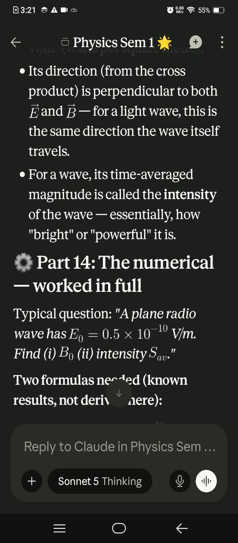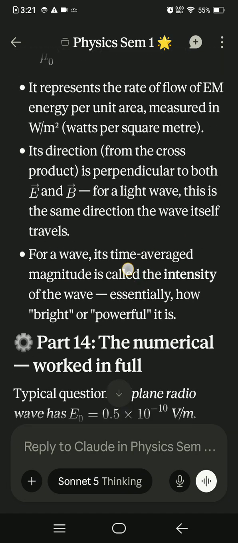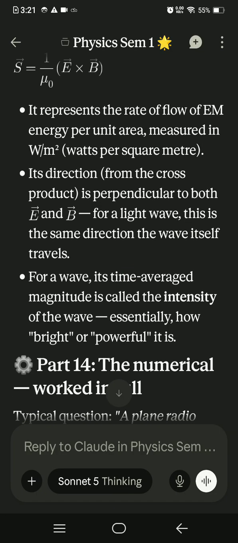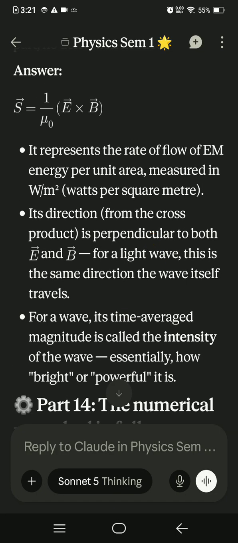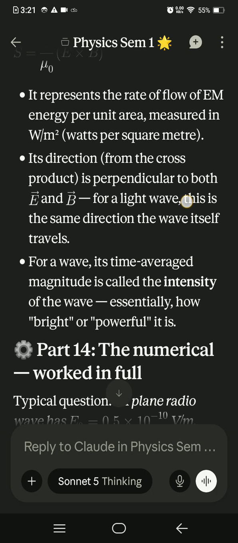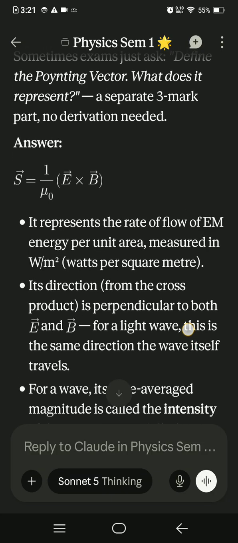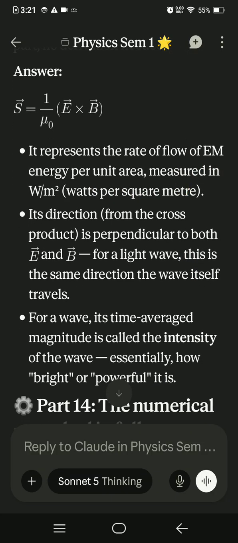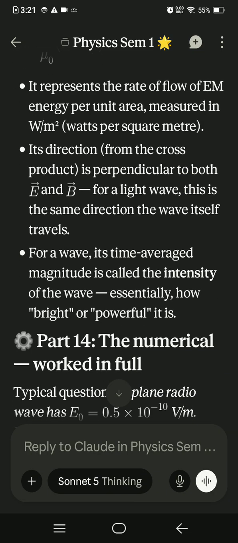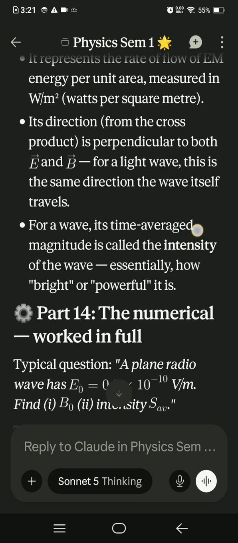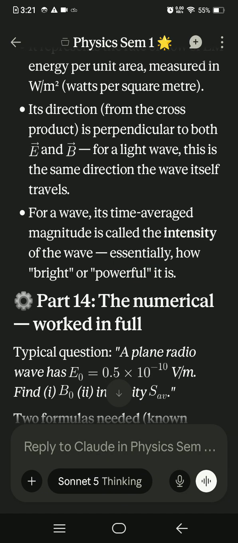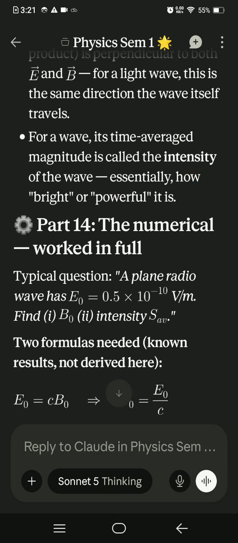For a wave, its time averaged magnitude is called the intensity of the wave. Essentially, how bright or powerful it is: how much energy is flowing per unit area. If we take the time average magnitude, that becomes the intensity. Fine.